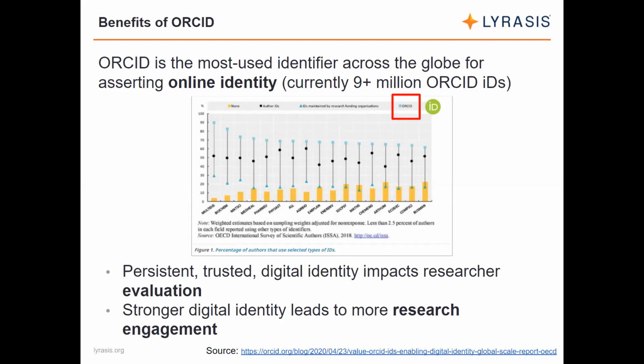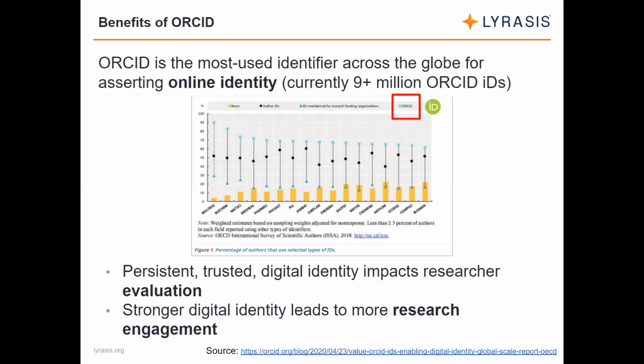This study also found that having a persistent, trusted digital identity can have a big impact on the way that researchers are evaluated, and that a stronger digital identity leads to more research engagement, things like collaborations, more publications, and funded projects.